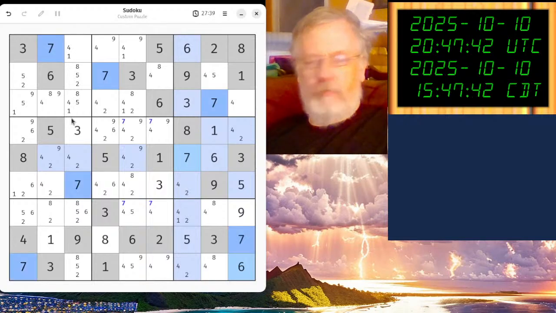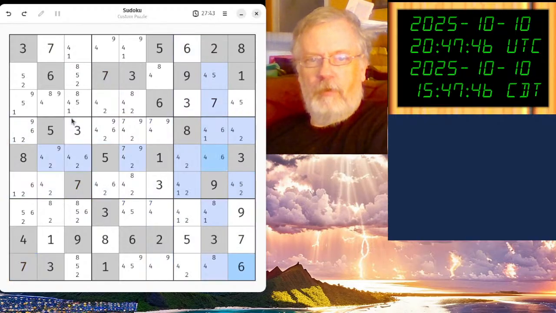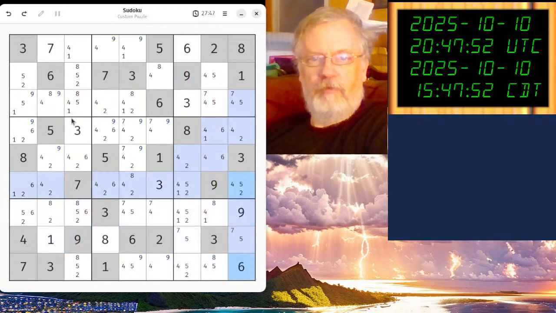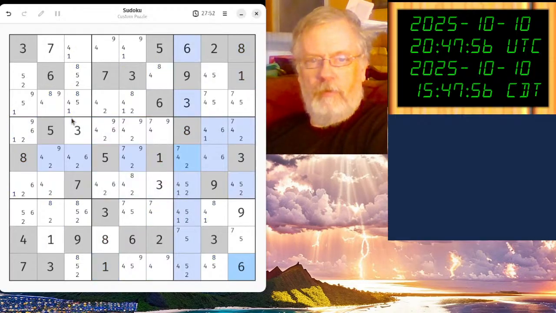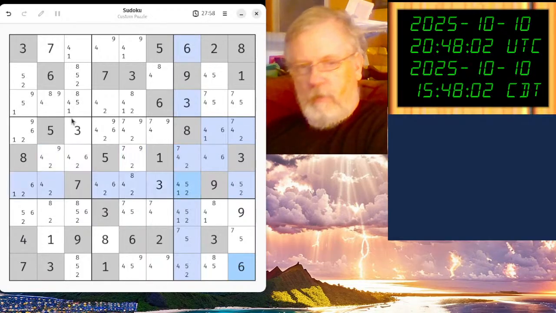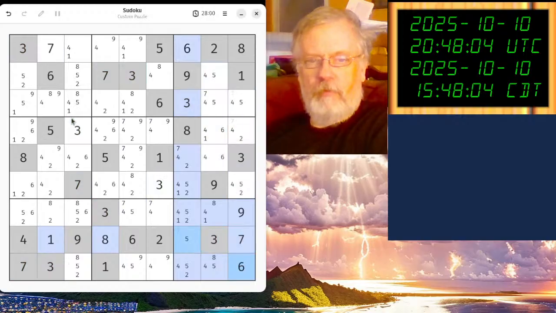I really need to go, let's back that out and identify the two possible places where there can be a 7 here. There and there. Because apparently I couldn't be bothered to mark them initially. All right, and now let's go through that exercise again.